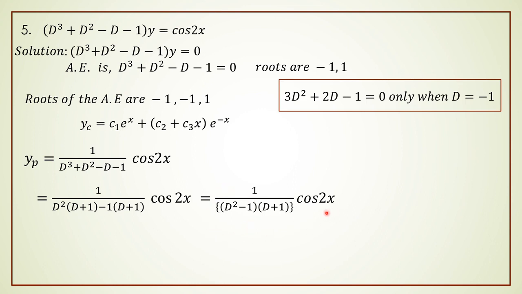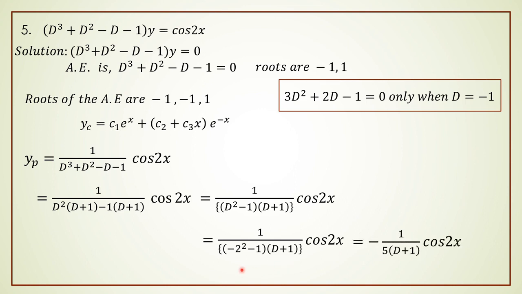Now replace your D square by minus a square. What is your a? a is 2 here. So replace your D square by minus 2 square. So you have 1 by (minus 2 square minus 1) into (D plus 1) acting on cos 2x. What is minus 2 square minus 1? It is minus 5, isn't it? So you have minus 1 by 5 into (D plus 1) acting on cos 2x.